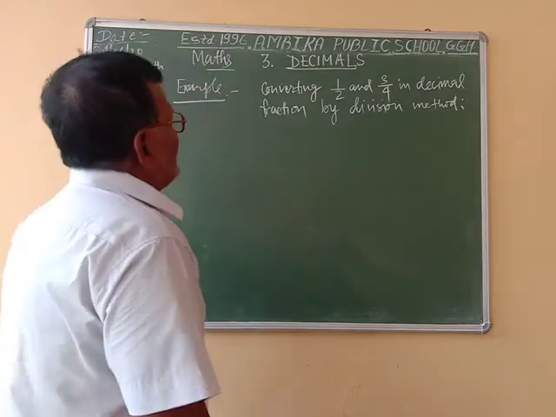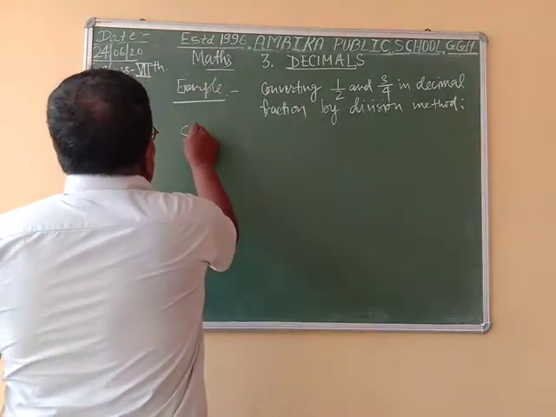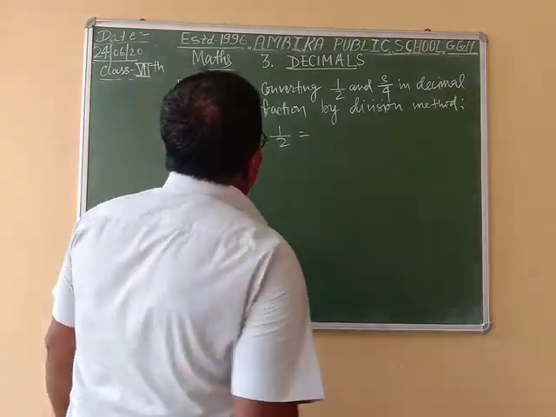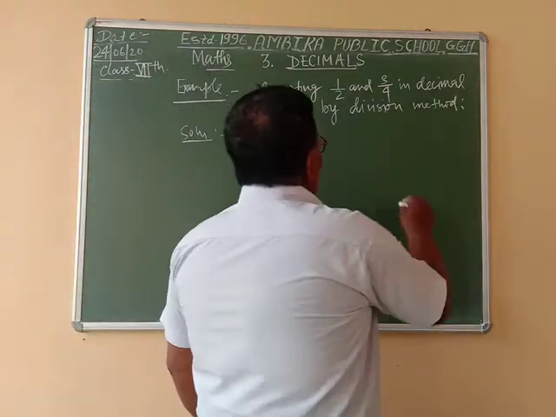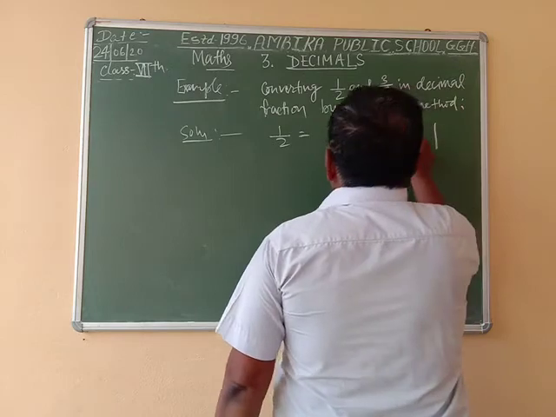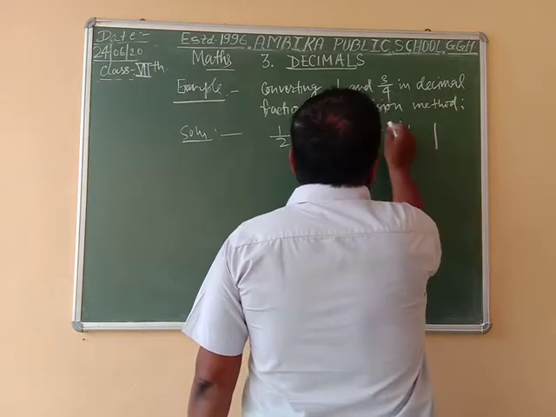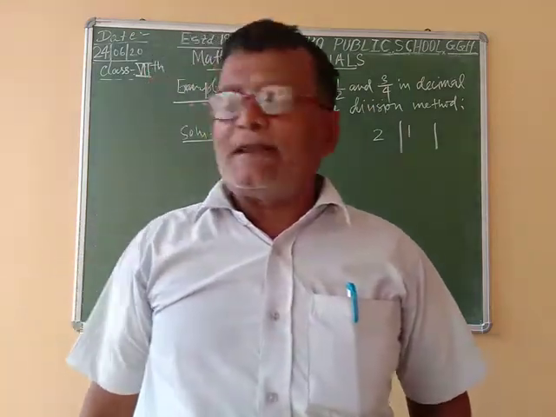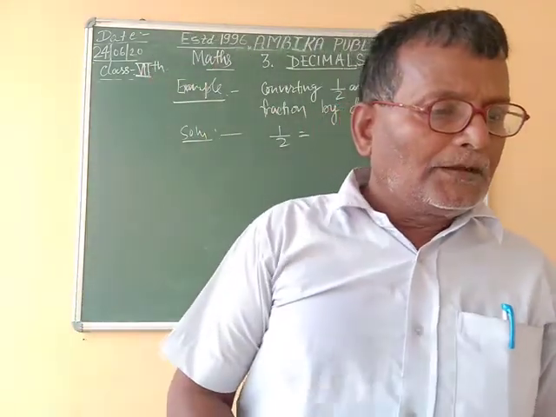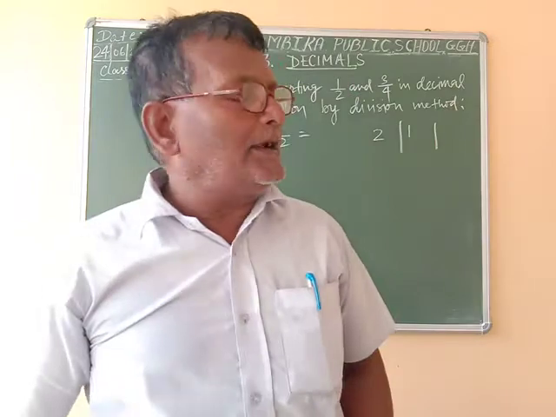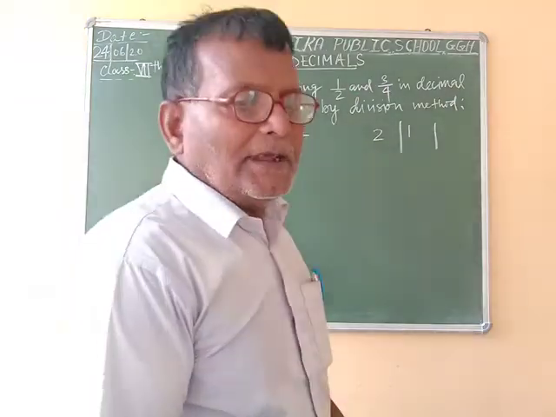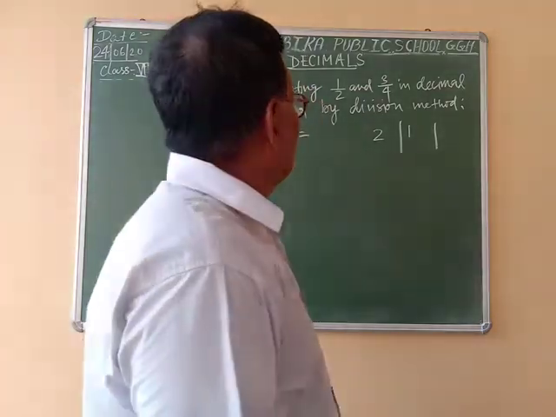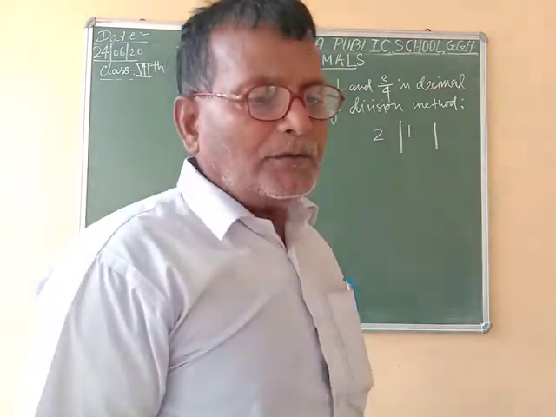Here we have 1 by 2. If we divide 1 by 2, we cannot divide because 1 is less than 2. In the rational number 1 by 2, we cannot divide 1 by 2 because 1 is less than 2.